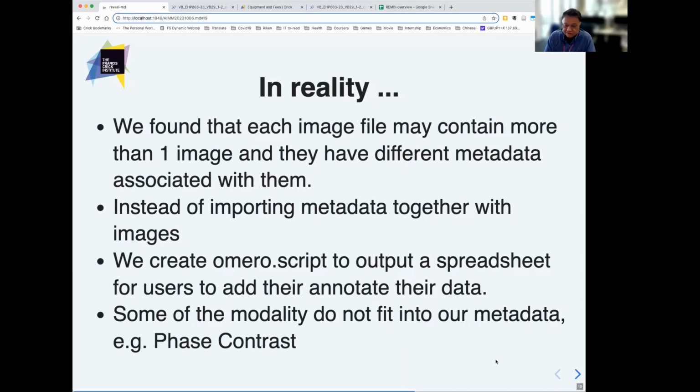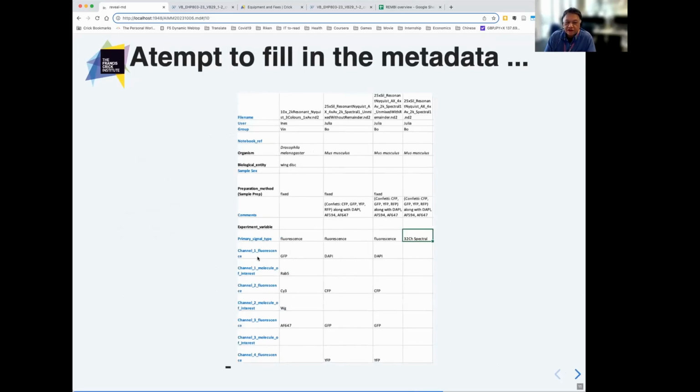For example, we have phase contrast images and things like that that would not fit this idea of having channel 1 fluorescence, channel 1 molecule of interest, channel 2 fluorescent, etc. Some of them do work quite well, but some of them, for example, here we have basically got 32 spectral channels, and so we can't really fit things in correctly.